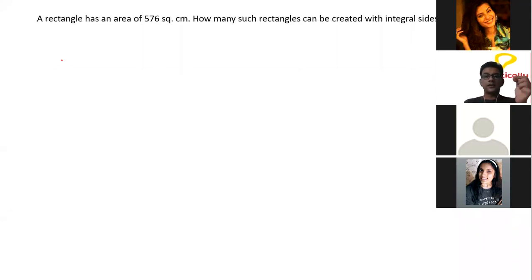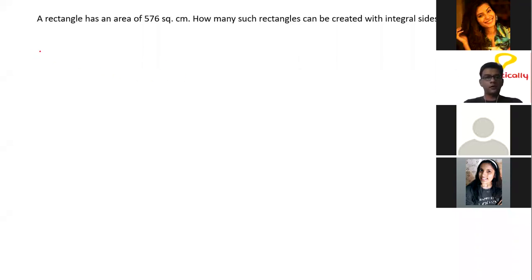I can create a rectangle whose length is, let's say, 5.5 centimeters. I can create one, but unfortunately 5.5 is not an integer. It is a decimal value, right? So in this question, I am only looking at rectangles which have an integer as length and an integer as breadth.